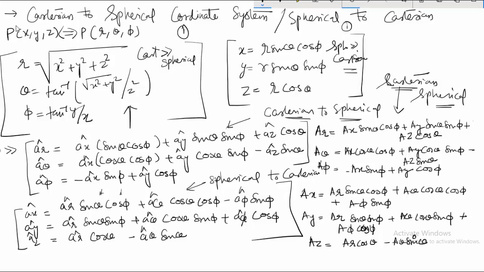So this is how you are converting from spherical to Cartesian.